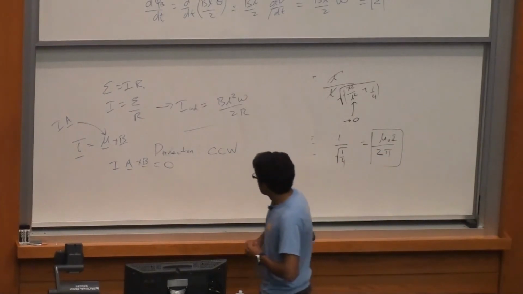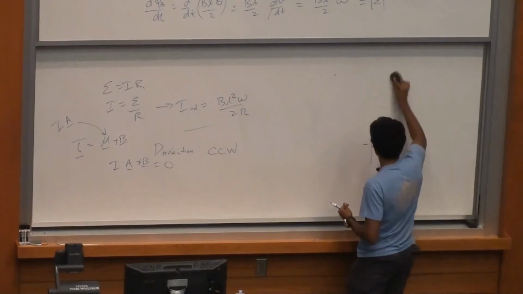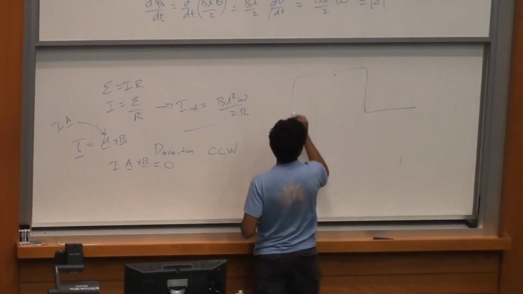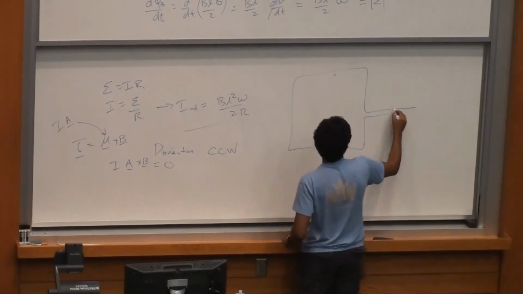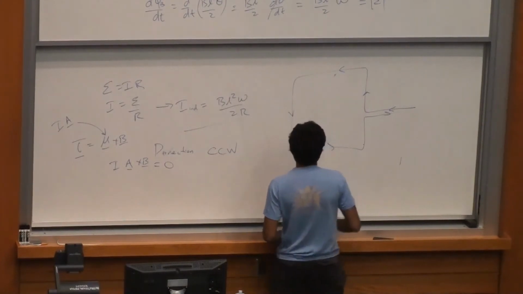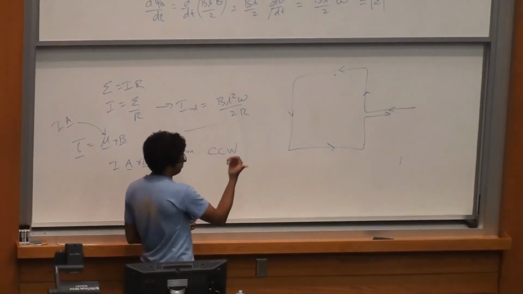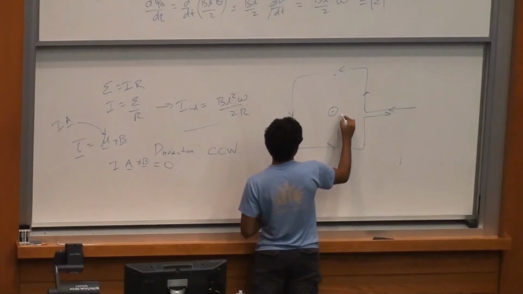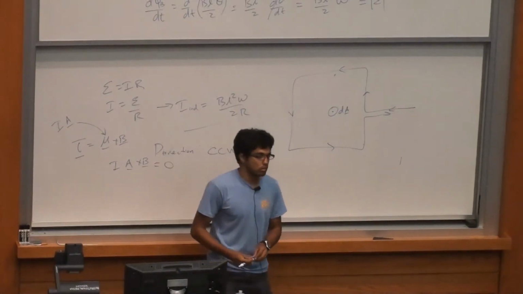Current is flowing in this way, coming out this way. Given the normal convention of the current going in this way, I'm going to say my dA vector is this way. So far so good.